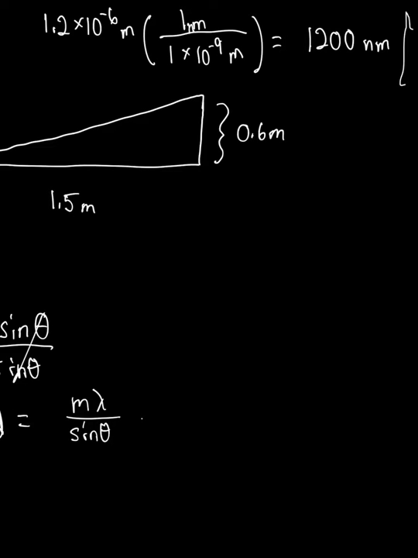The central bright spot is just the central bright spot, and then these things, another name for them is fringes. So we have m equals 1, the first bright spot. Also call it the brightest fringe.